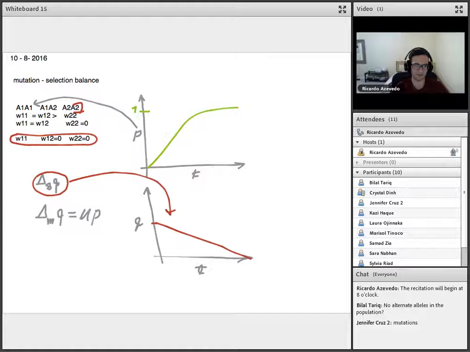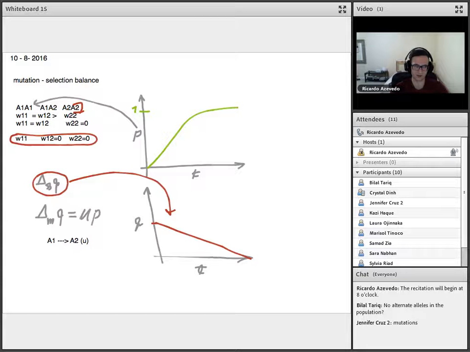So then, given that you have frequency P of A1 in the population, at each generation you're going to have P multiplied by U, which is the mutation rate of this one directional mutation from A1 to A2. That amount is going to result in Q. So Q is not going to go to 0, because while there's a negative, there's a positive.